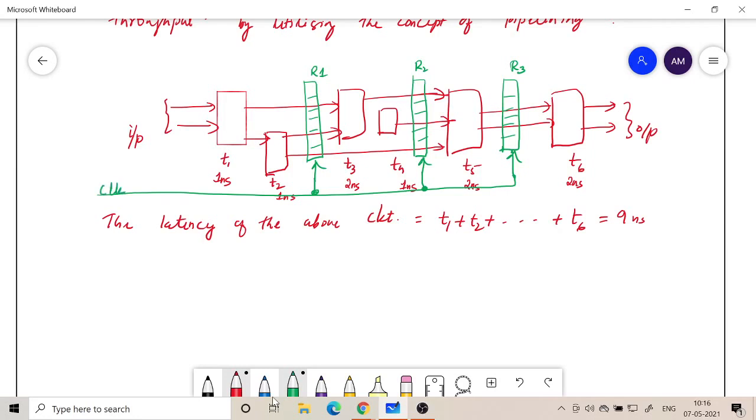And now what is the advantage? The advantage is that, say here 1 plus 1, 2, after 2 nanoseconds the output becomes available, and then using the activity of the clock, I can latch the output of this first 2 block.